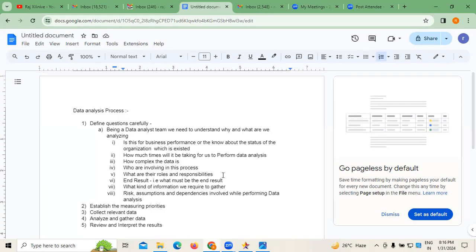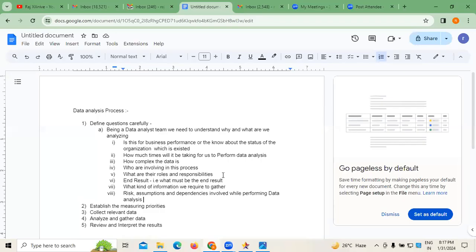Especially when we follow healthcare projects, as I told you, the servers we are managing are highly encrypted servers.